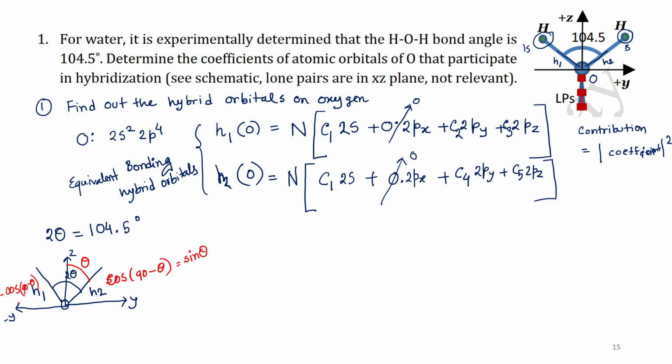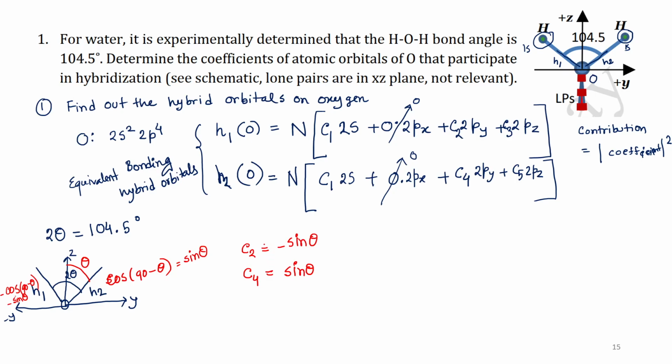This is minus y, so the contribution of the y axis on H1 is minus cos of 90 minus theta, which is minus sine theta. So we are discussing C2 and C4. The coefficient of 2py on H2, that is C4, is sine theta, and C2 is minus sine theta.